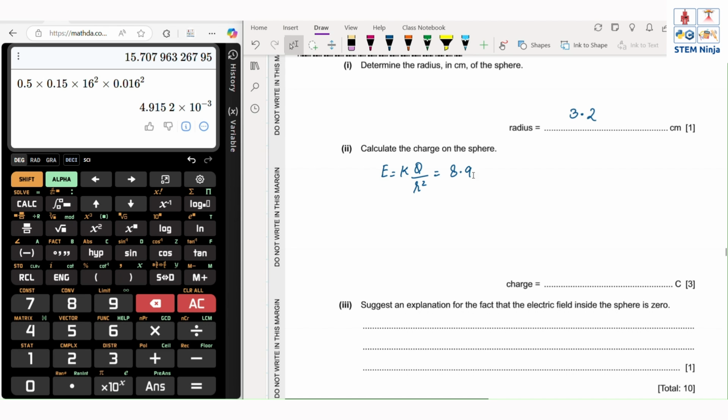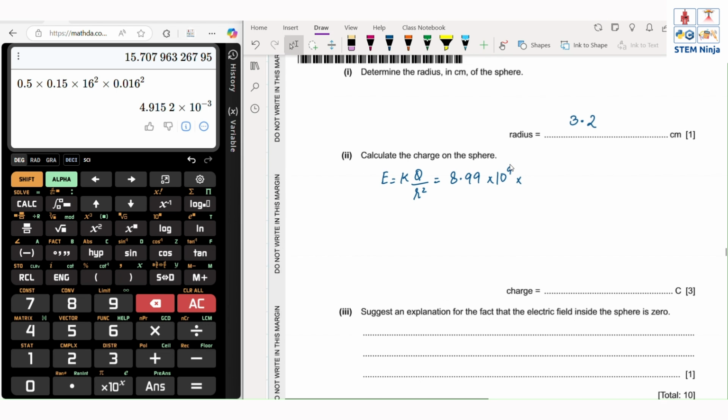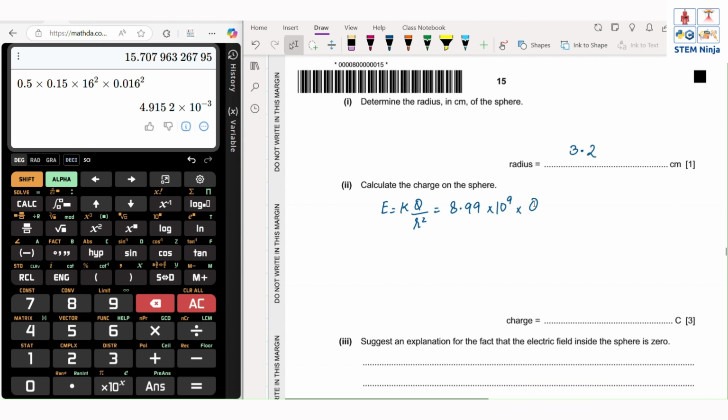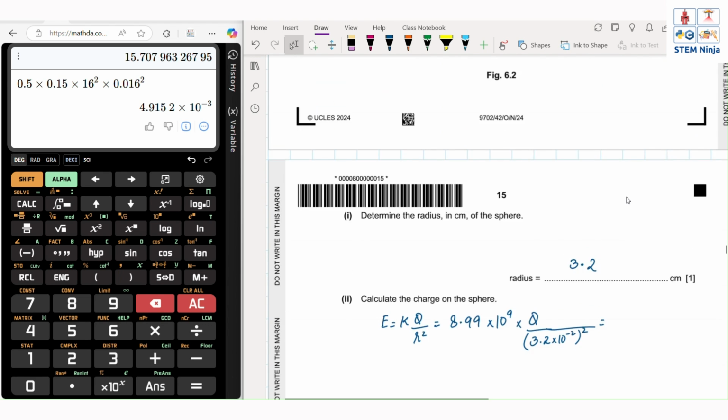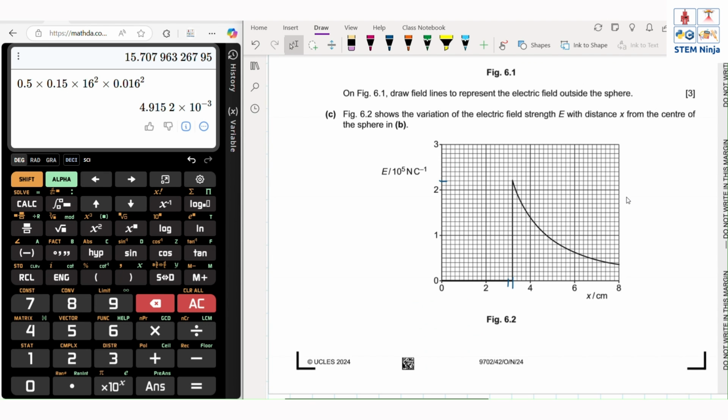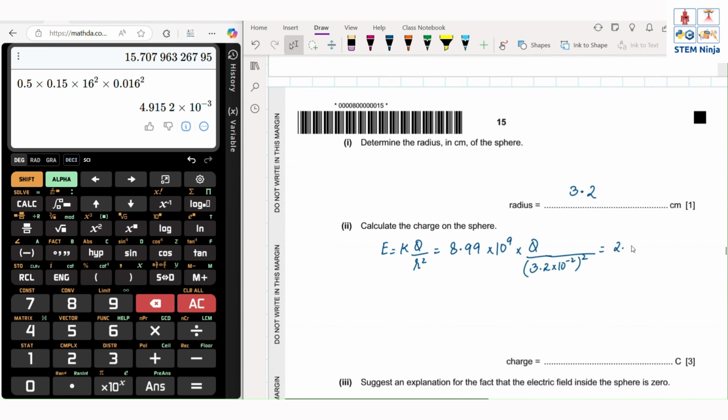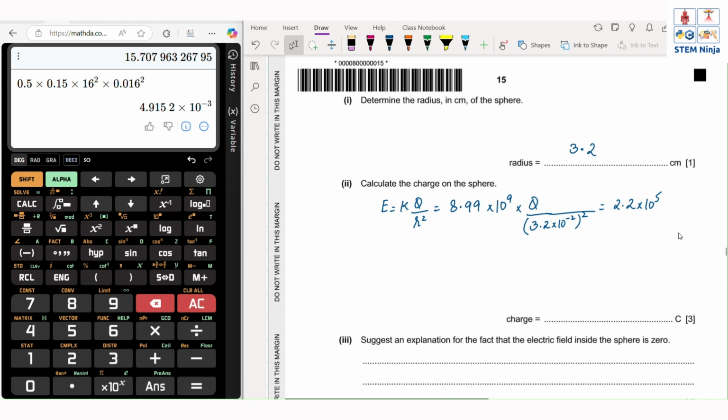So 8.99 times 10 raised to power 9, times Q, which we actually need to find, over R, which is 3.2 times 10 raised to power minus 2, squared. And this is equal to 2.2 times 10 raised to power 5 newtons per coulomb.